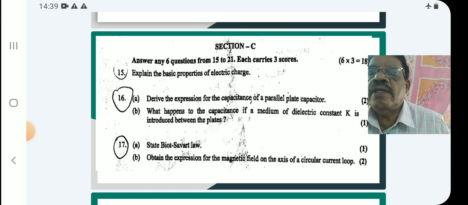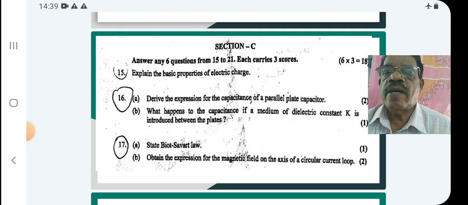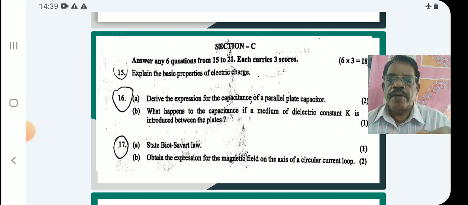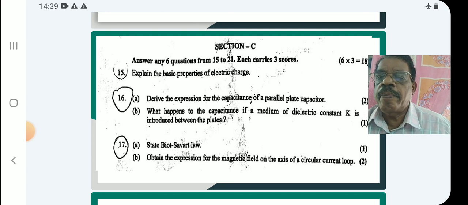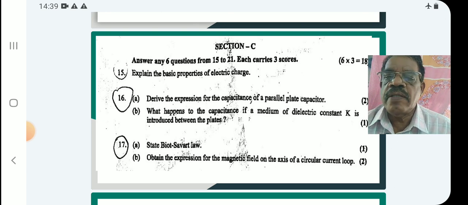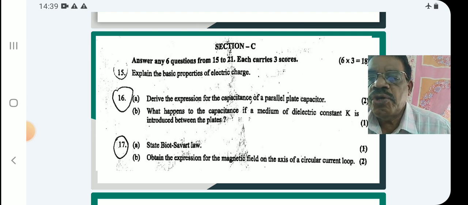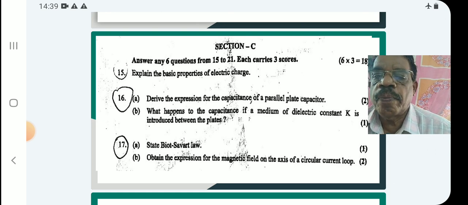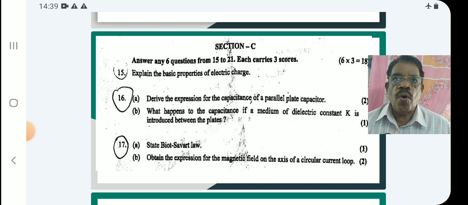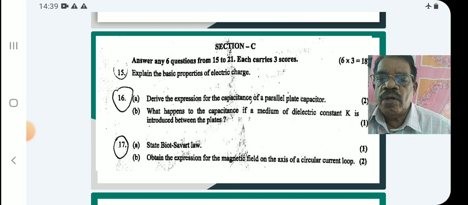Question number 16, derive an expression for the capacitance of a parallel plate capacitor, and then B part, what happens to the capacitance if a medium of dielectric constant K is introduced between the plates? 17th question, A part, state the Biot-Savart law, and B part, obtain the expression for magnetic field on the axis of a circular current loop.